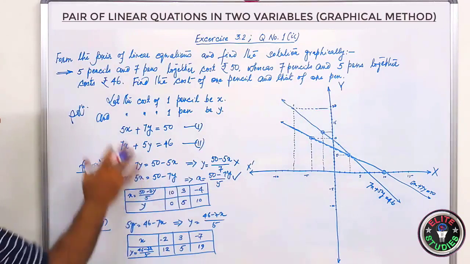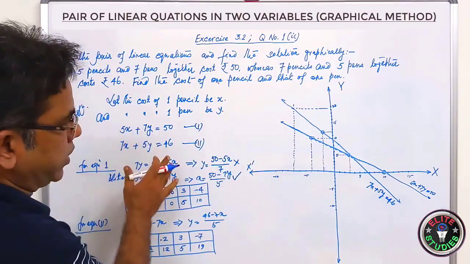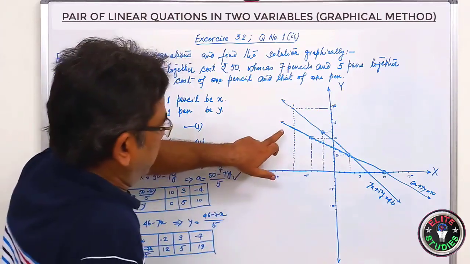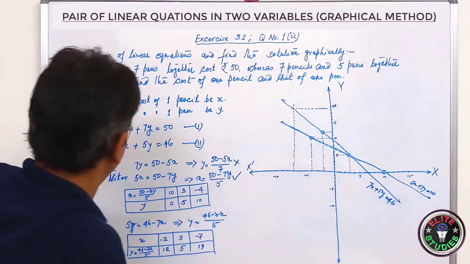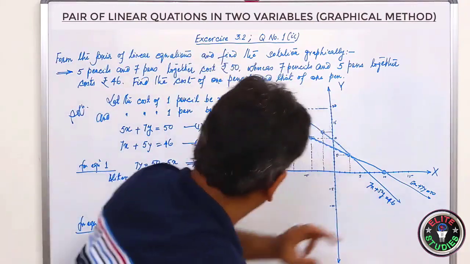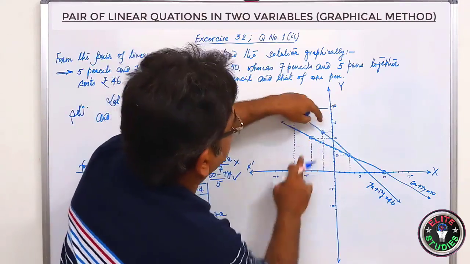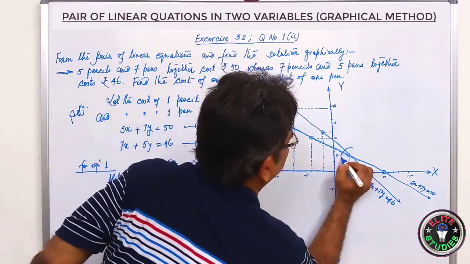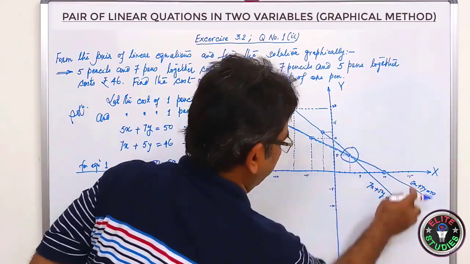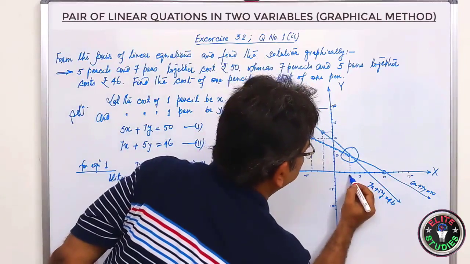So you have understood how to draw the graph of a given pair of linear equations. Whatever points lie here will satisfy this equation, and whatever points lie here will satisfy this equation. This point satisfies this but not that, whereas this point satisfies this equation but not that. But what about the point of intersection of these two lines? The point of intersection is 3 and 5.